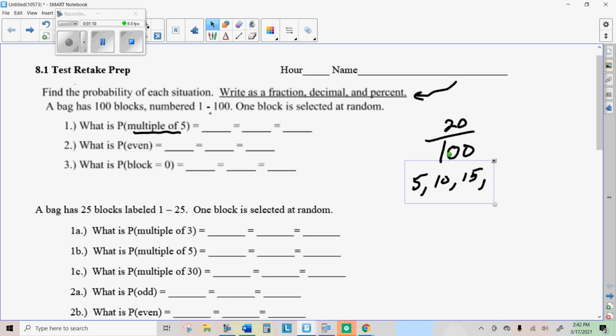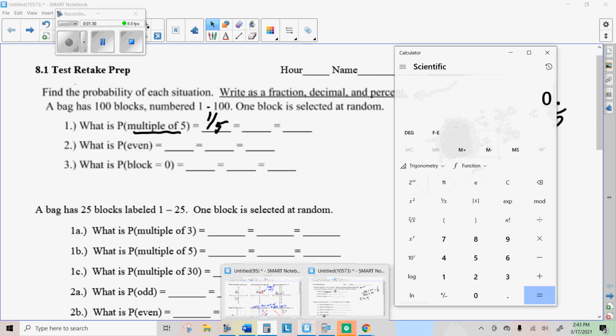I always like to write those as a simplified fraction if I can. And to do that, I divide by the lowest common denominator, which is 20. And that gives me 1/5. Okay? And then that's the fraction. The decimal I would get by dividing out that fraction. So 1 divided by 5 equals 0.2.